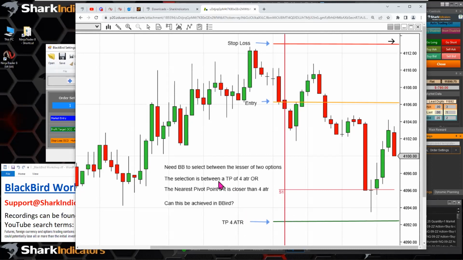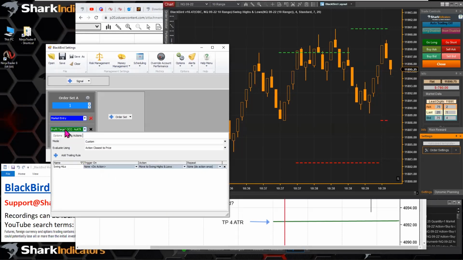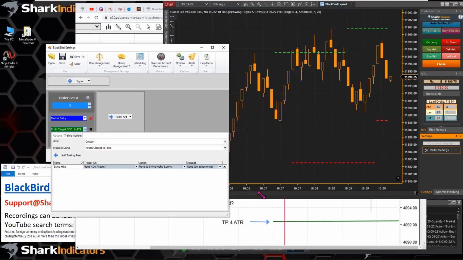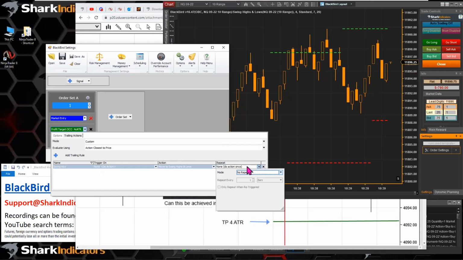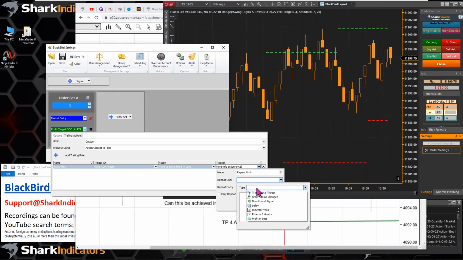If we only wanted this evaluation, selecting between the two, when the position is first opened, right, or when the profit target is first placed, if we only want this evaluation at that moment, as I kind of explained with the stop loss, we'd have to go in and set up this repeat here to repeat until. Use the repeat until, and then we'd have to set this all up here.